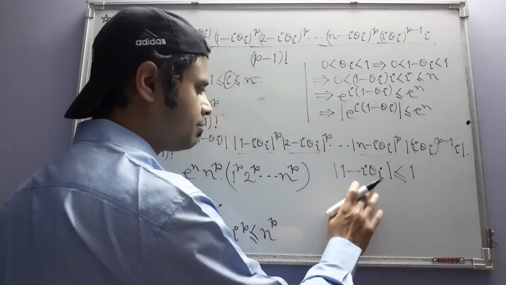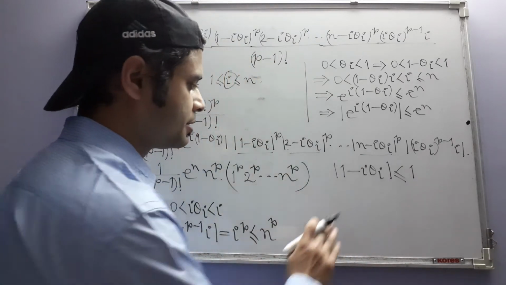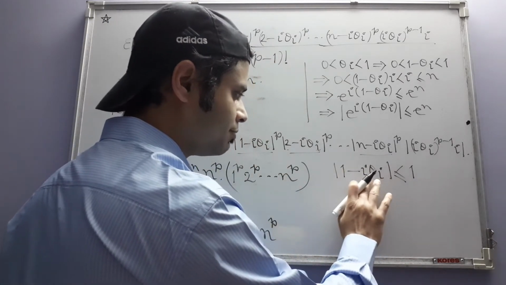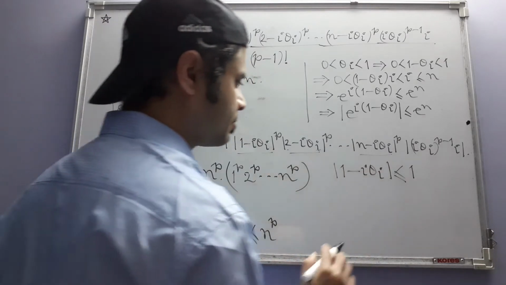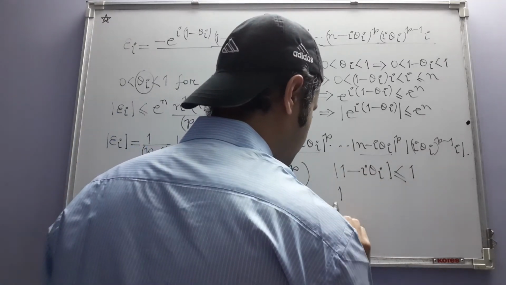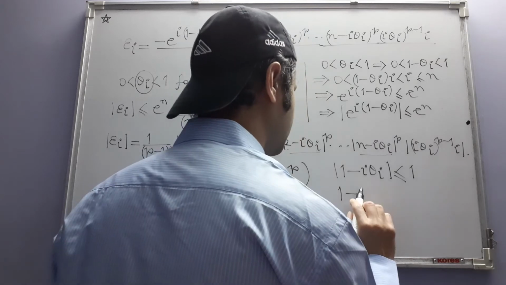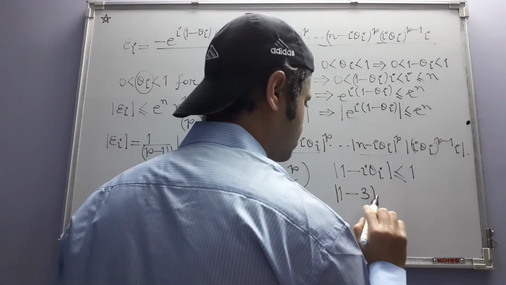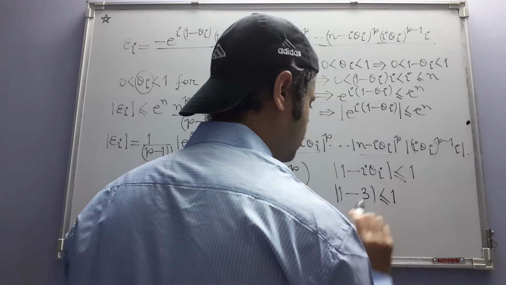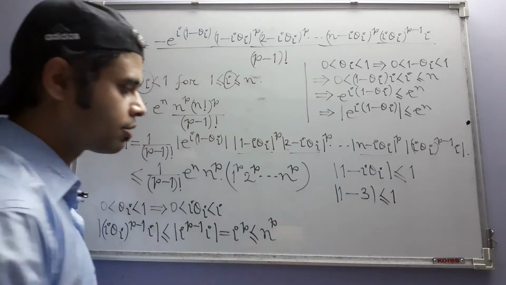Actually it will be less than 1 if it is actually less than 1, because this is positive, this is not even 0. But if we have a situation like this, is this true? Definitely this is not true.